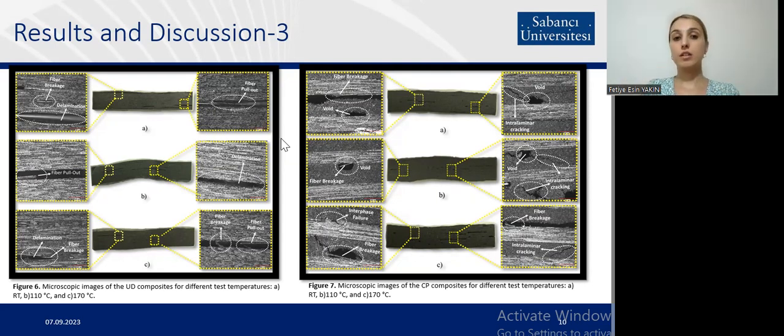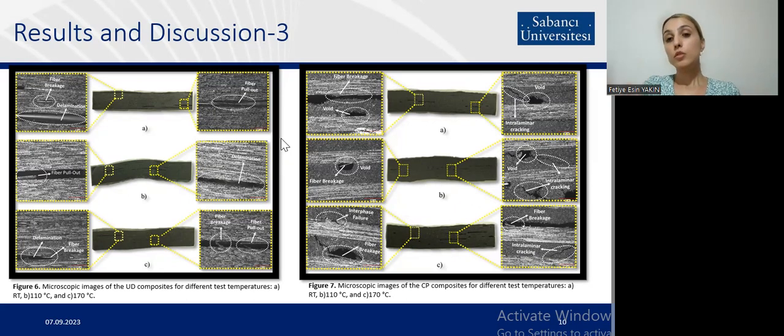At the highest temperature, 170 degrees, you can see minor delamination because our matrix completely degrades, and this degradation leads to ductility of our matrix. As you can see, we can conclude that cohesive damage occurs in the interlaminar region of the unidirectional with respect to this kind of failure type.